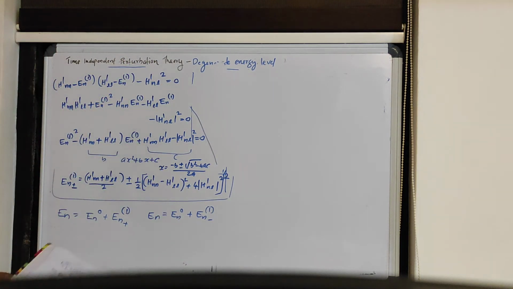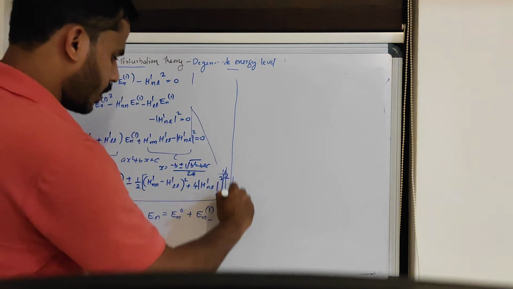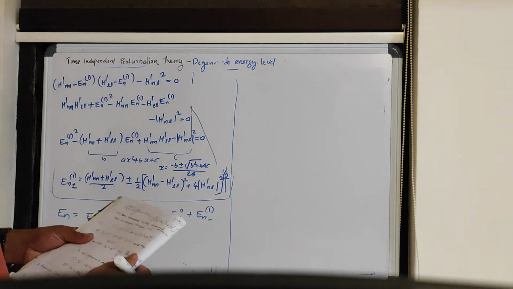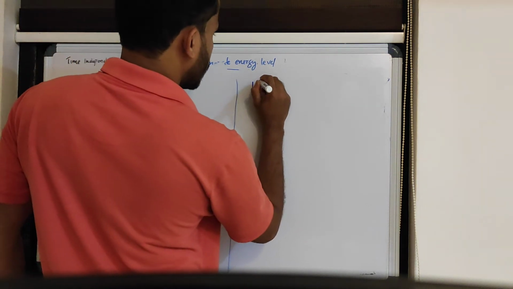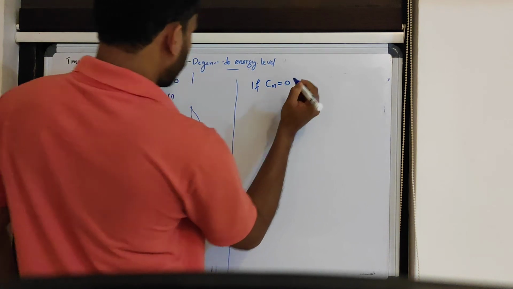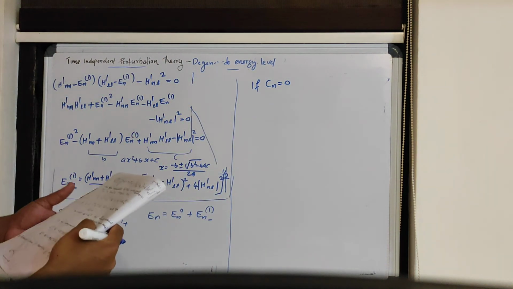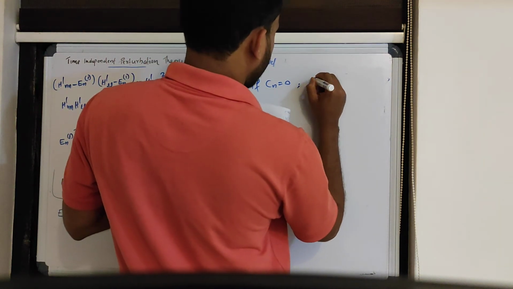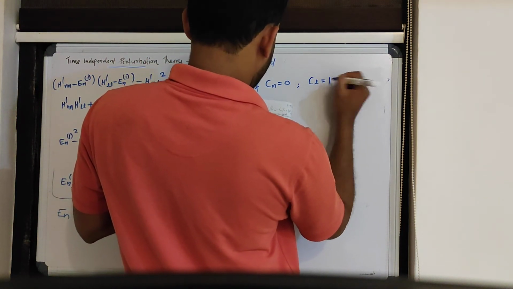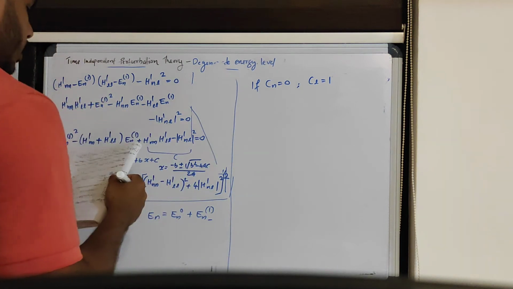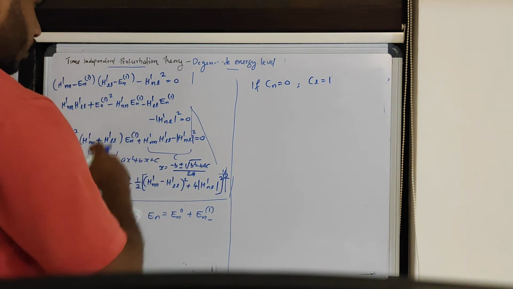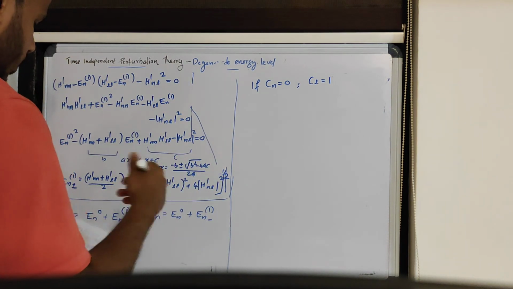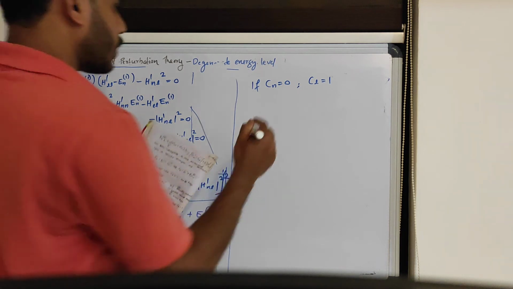So this is the basic theory of a degenerate energy level. What is happening if Cn is equal to 0, and in that case Cl is equal to 1? Then equation 2, the previous equation, I erase that one.